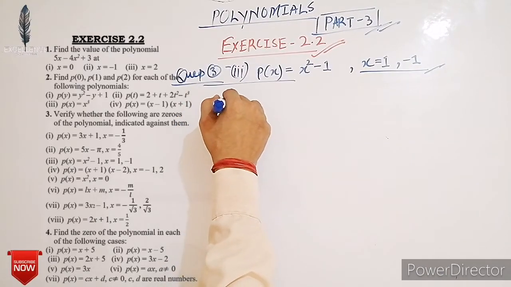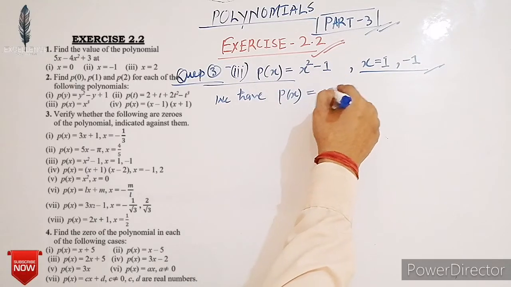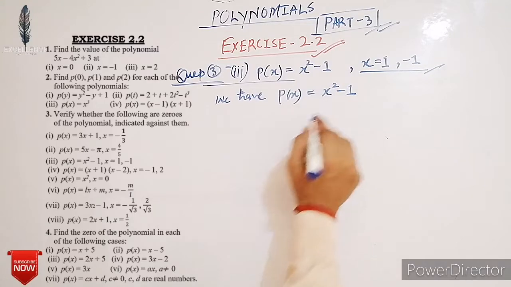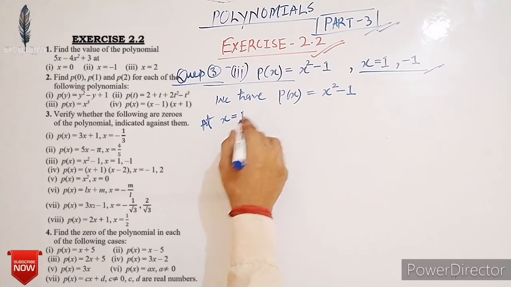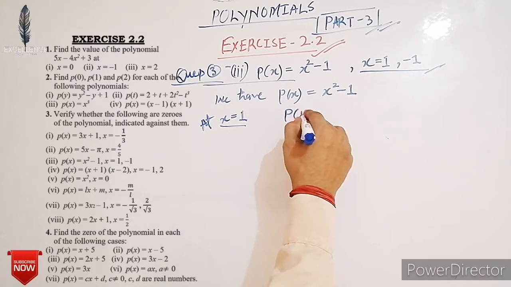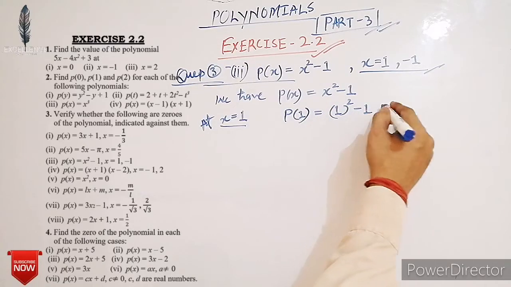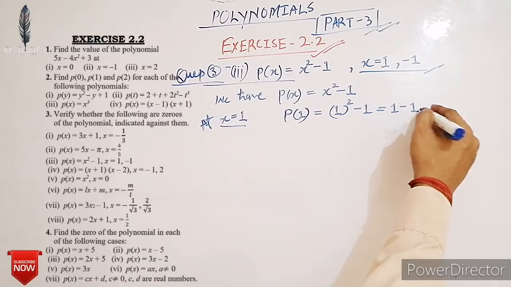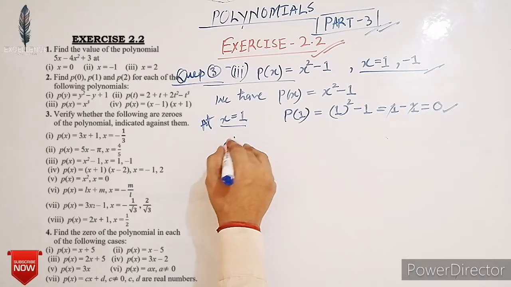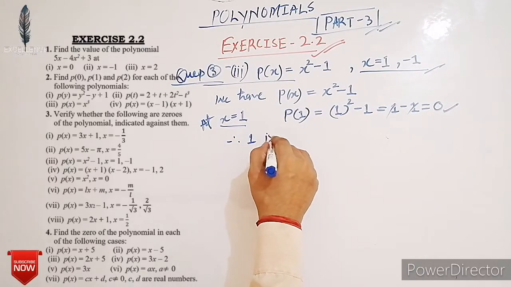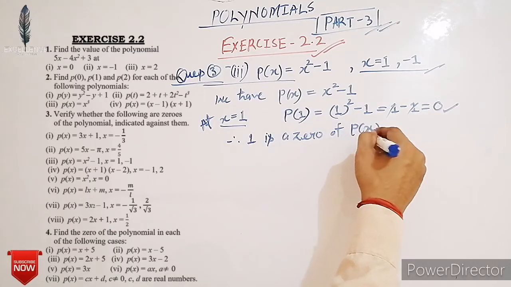So here we have p(x) = x square - 1 at x = 1. p(1) = 1 square - 1 = 1 - 1 = 0. Okay. So 1 is a zero of p(x). Okay students.